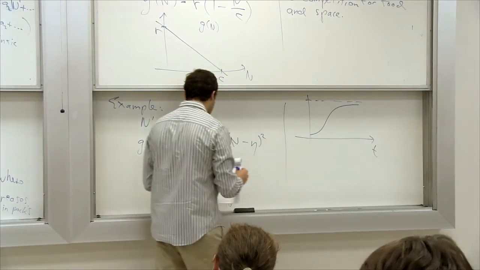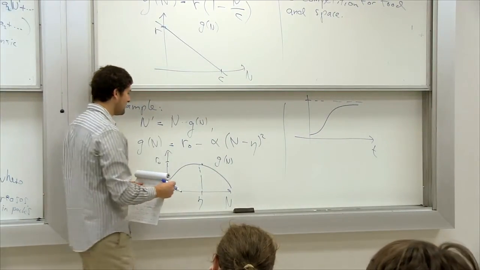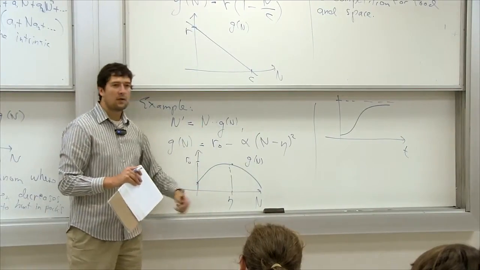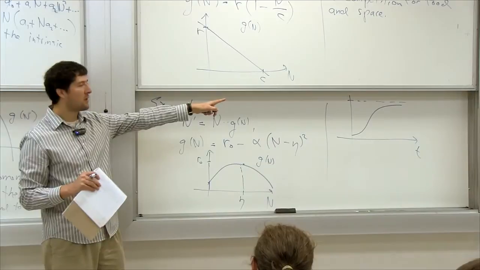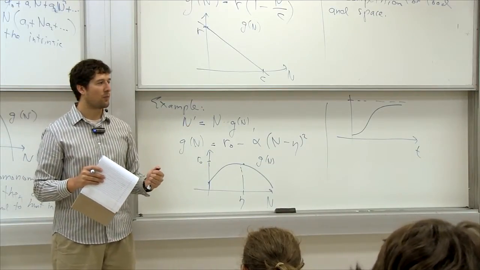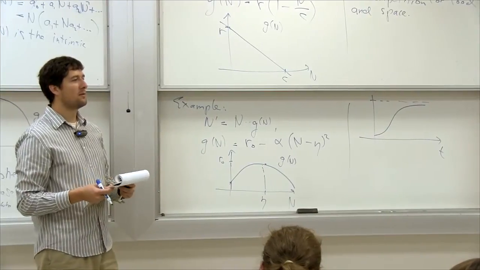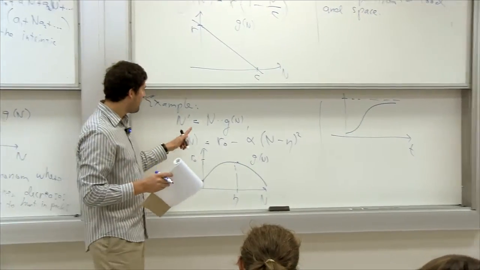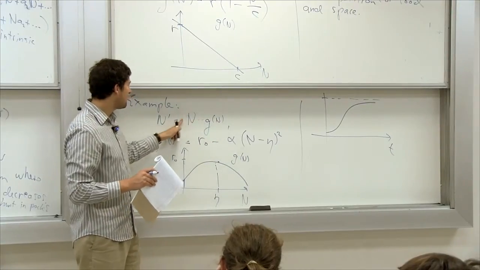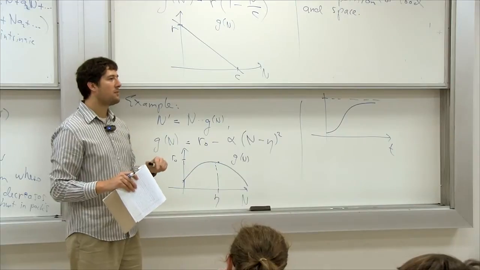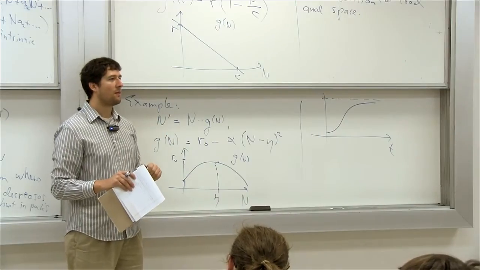Okay. Now, what's the carrying capacity in this model? Just by looking at this, what would you say is the carrying capacity, that dotted line over there? For this model, where g has this form, how would you describe the carrying capacity?